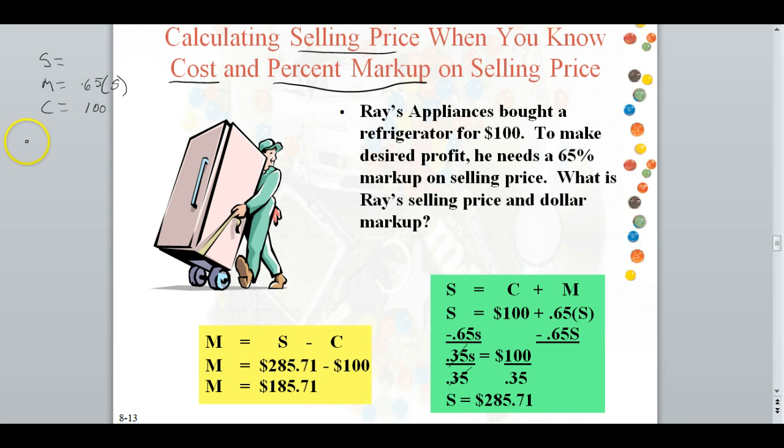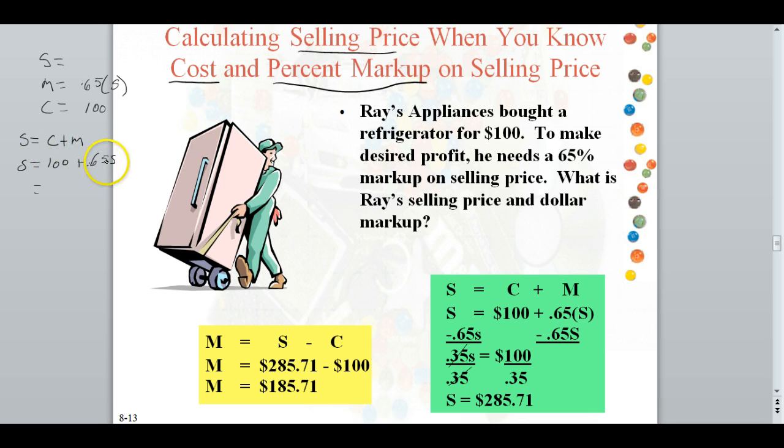So let's plug it into our formula. So S equals C plus M. S equals 100 plus 0.65 times S, which is 0.65S. Solve this a little more.